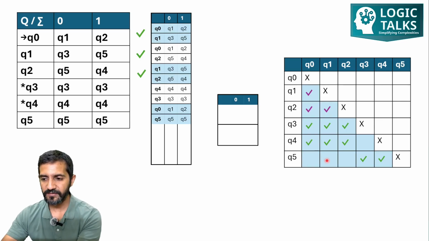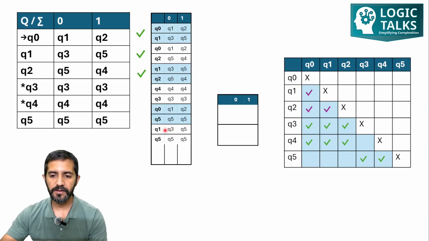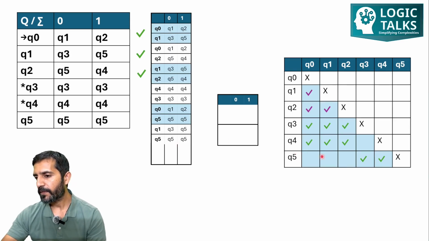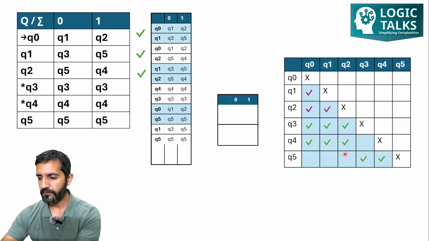Let us move on to the next cell, that is Q1, Q5. So again, we will be checking the transition Q3, Q5. So check here. Q3, Q5. Yes, it is marked. Therefore, we will be marking this cell also. So now let us move on to the next cell, that is Q5, Q2 or Q2, Q5.